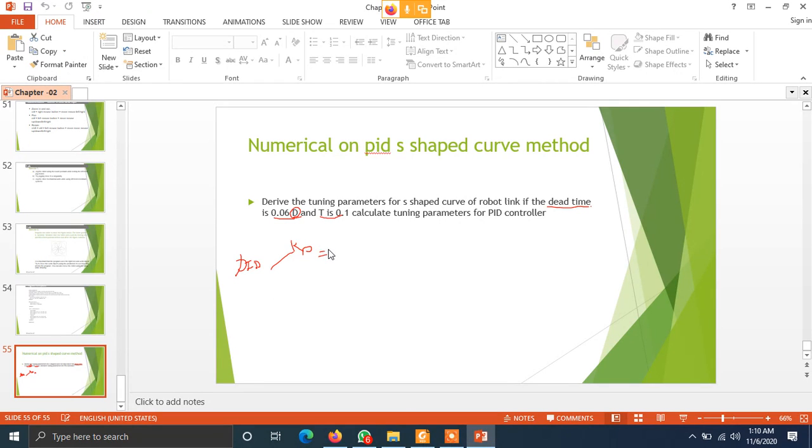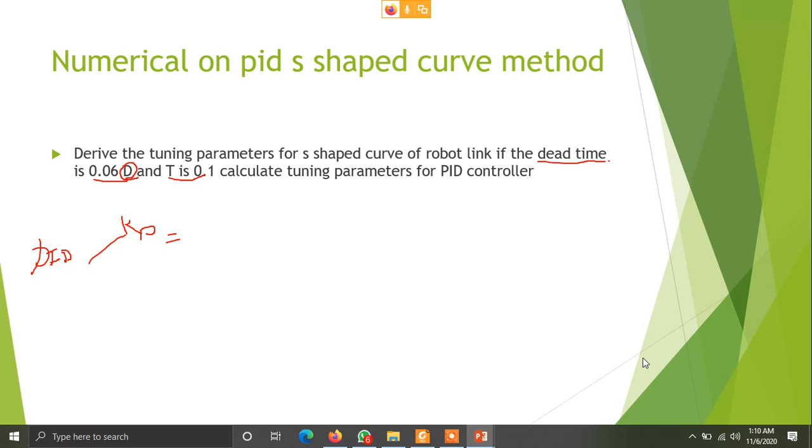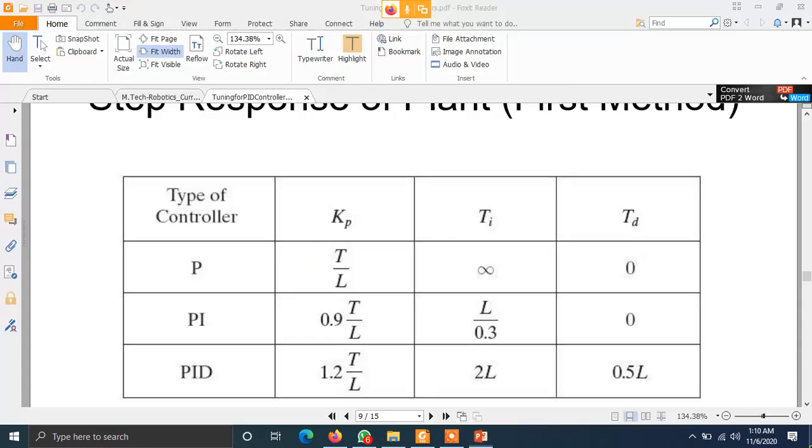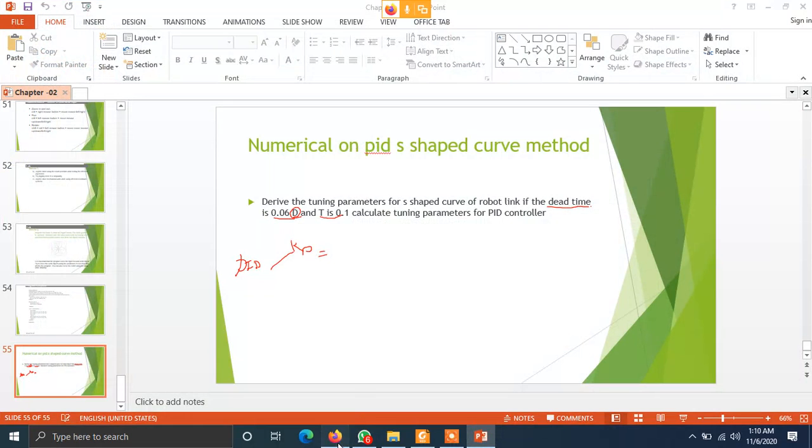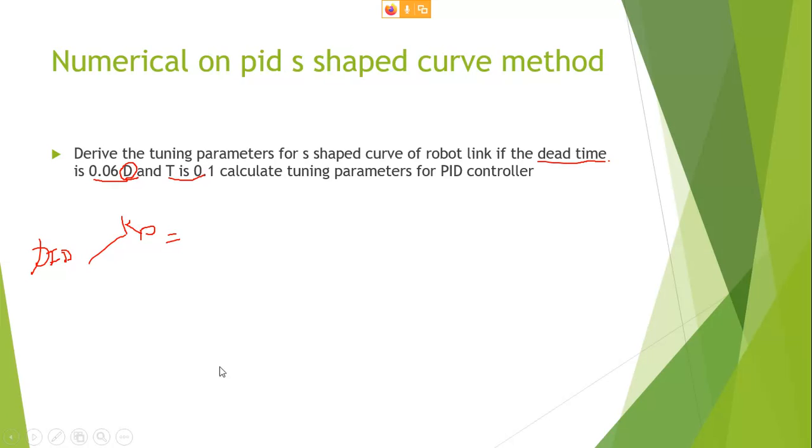So, in the PID concept, what is the important thing? First, how will you calculate Kp? Kp is 1.2 into T by D. What is the value for this? It is 1.2 into 0.1 divided by 0.06.